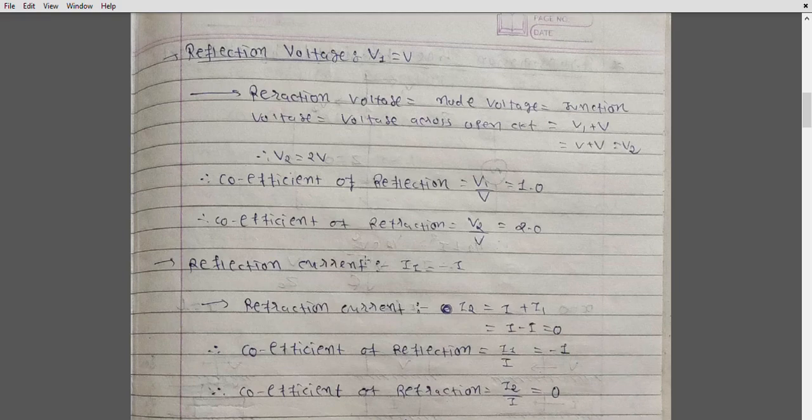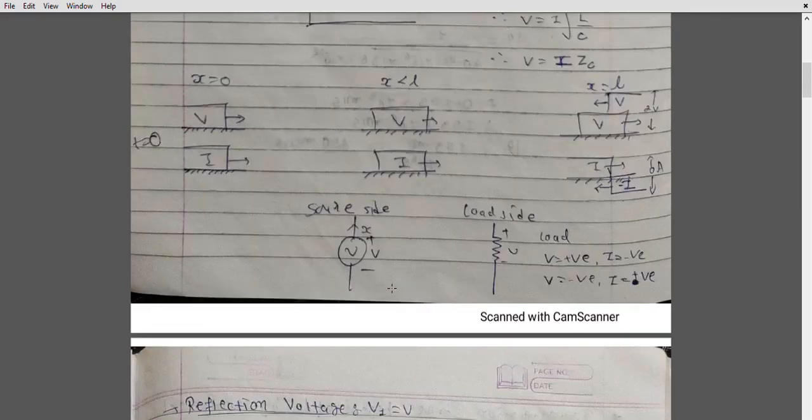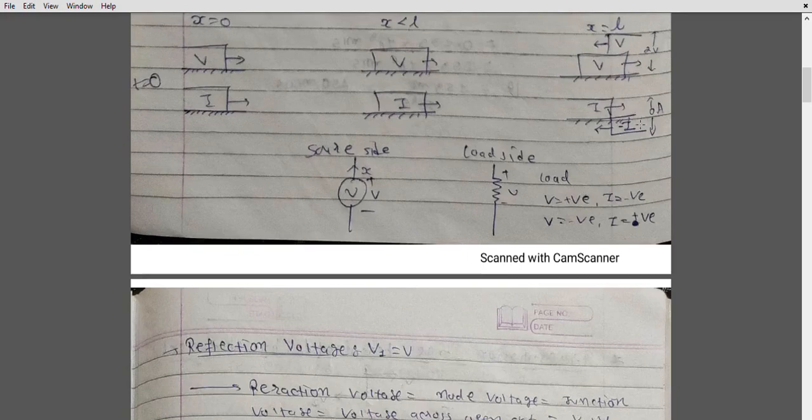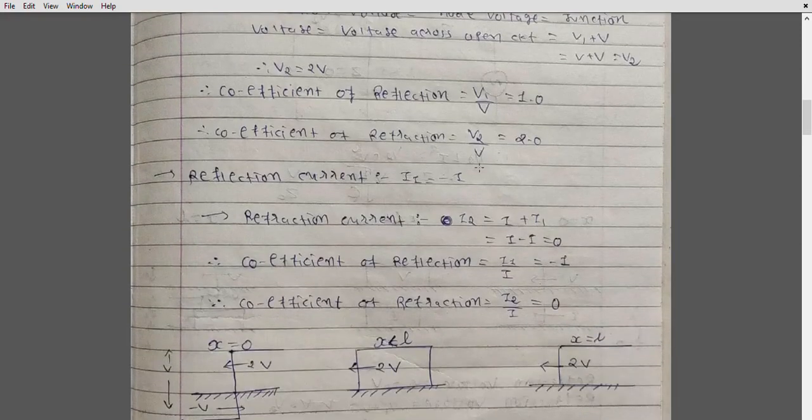In the same way you can find the reflection current and refraction current. Here your incident current is I, your reflected current is minus I, and the refracted current is 0. So the refracted current is 0 and the reflected current is minus I. The reflected current we have taken as I1 equal to minus I, and if you want to find the refraction current, then add I plus I1, so I minus I is 0.